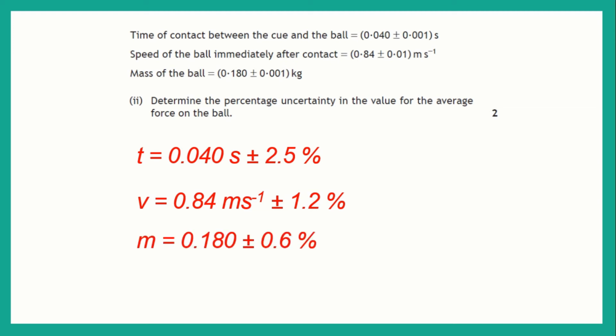And 0.001 kilograms as a percentage of 0.180 kilograms becomes plus or minus 0.6%. We can see that the 2.5% is larger, and so is the dominant uncertainty. This becomes the overall uncertainty in our final value, the force.